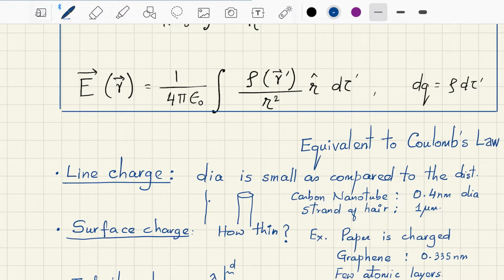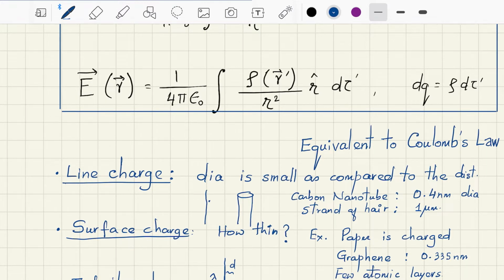So L need not be infinity, it is just the ratio of L by d. If L by d is very large, then we can consider it to be infinity.